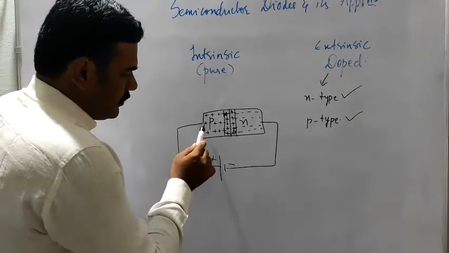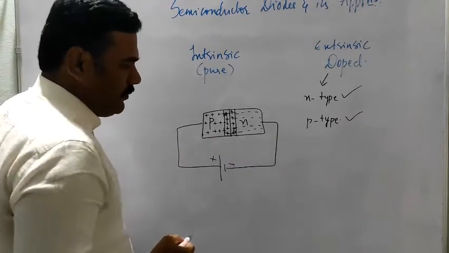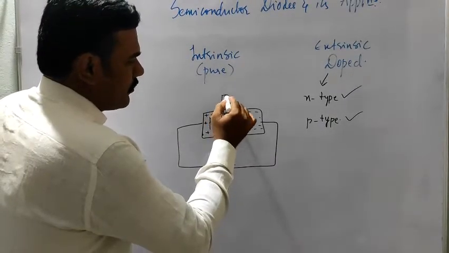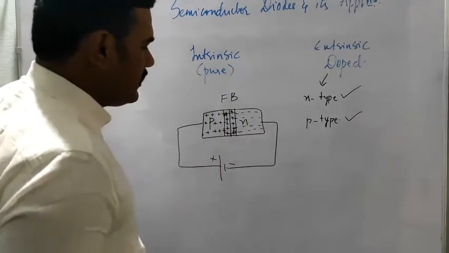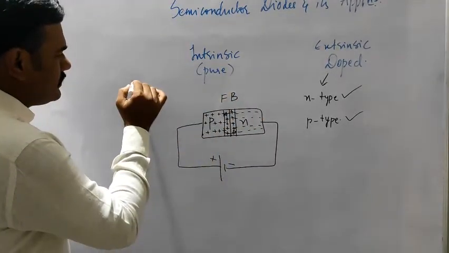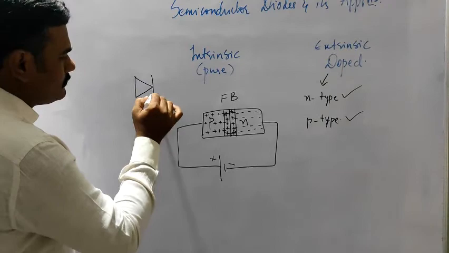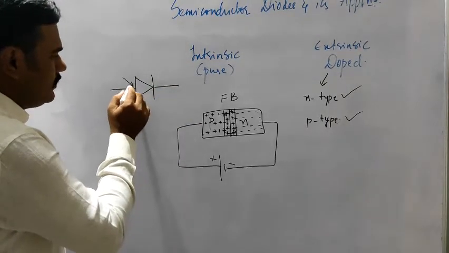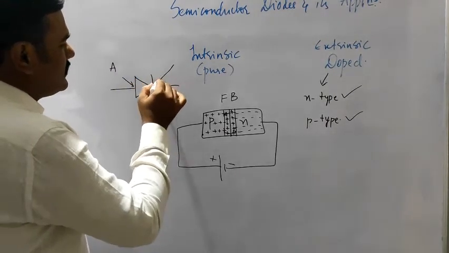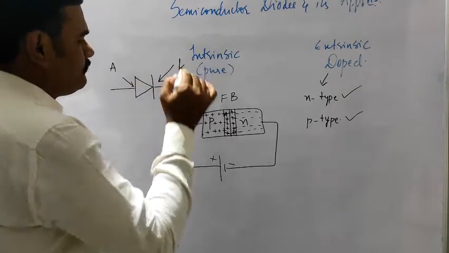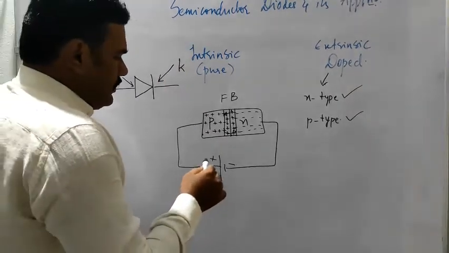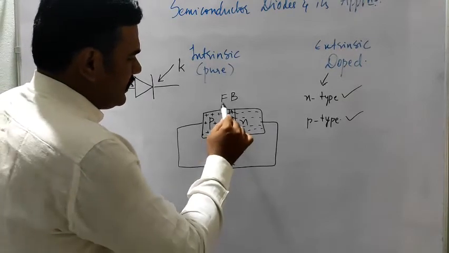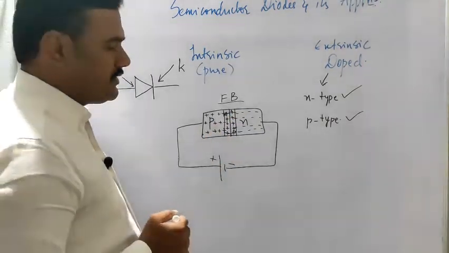When positive is connected to positive, negative is connected to negative, we say that this particular diode is forward biased. If you look at the symbol of the diode, this is something like this. We call this terminal anode and we call this terminal cathode. So once we make the connection, we know that this particular diode is forward biased.